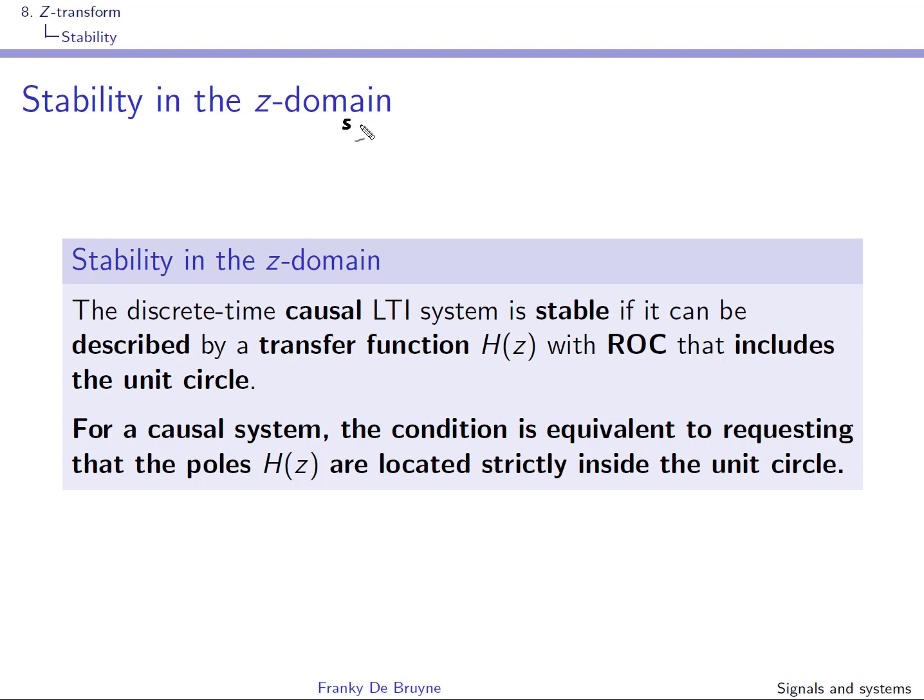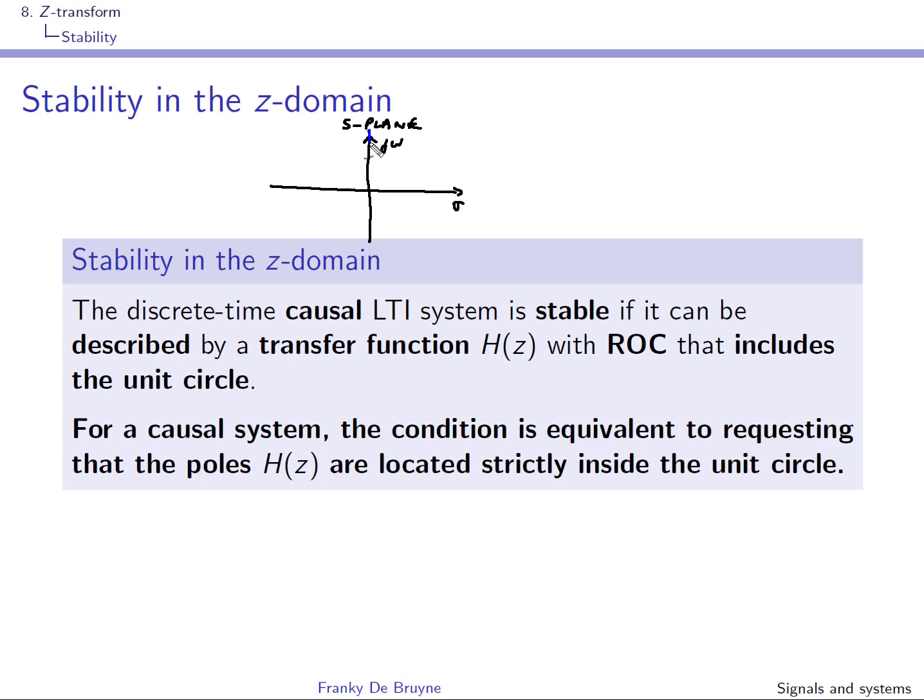Remember that in the s-plane, so here we have sigma and here j omega, we can determine stability by looking if the poles are to the left of the j omega axis.